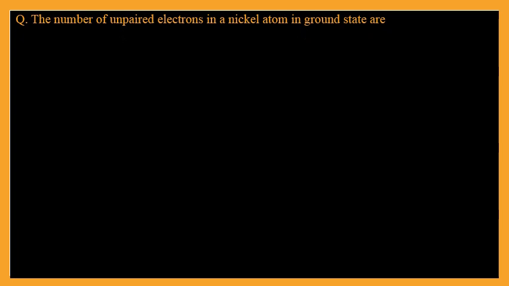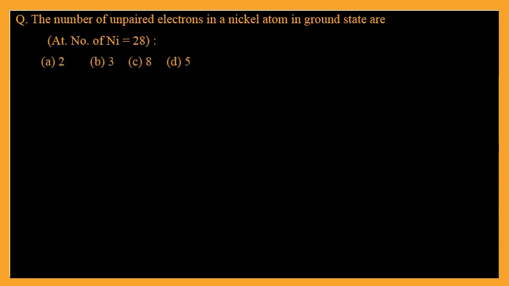Next question, the number of unpaired electrons in a nickel atom in ground state are. When a nickel atom is in the ground state, how many unpaired electrons are there? We know that the atomic number of nickel is 28. To find out the unpaired electrons, we have to check the outermost electronic configuration of nickel, which is 3d8 4s2.